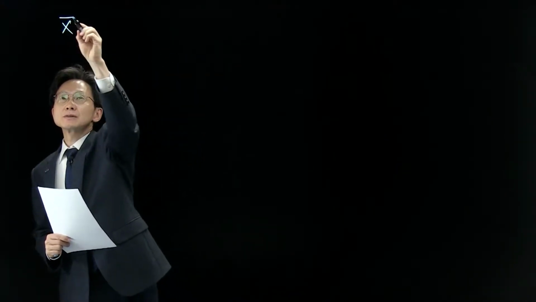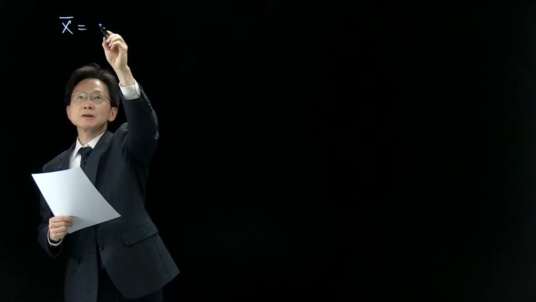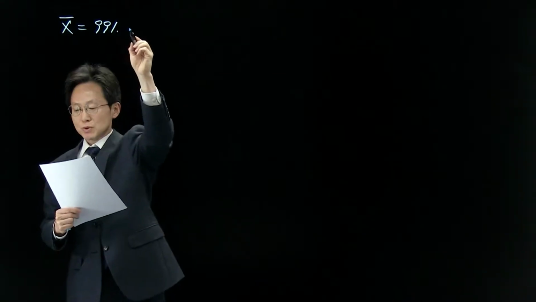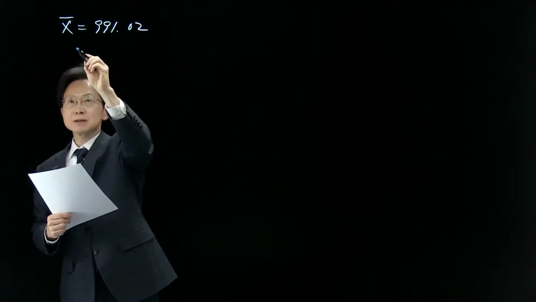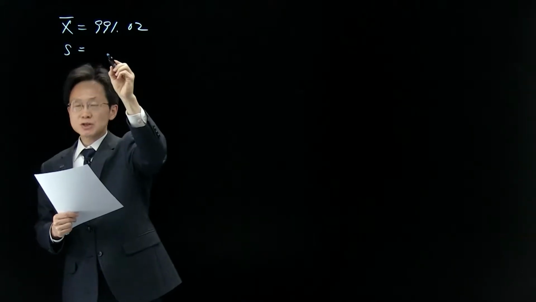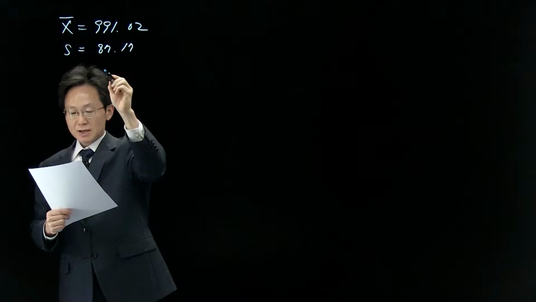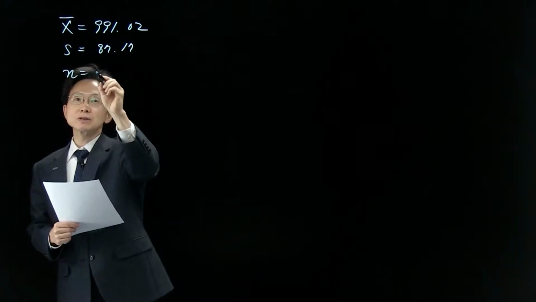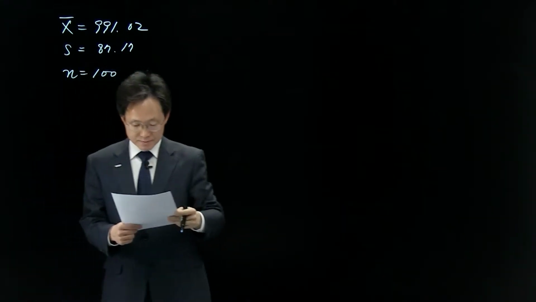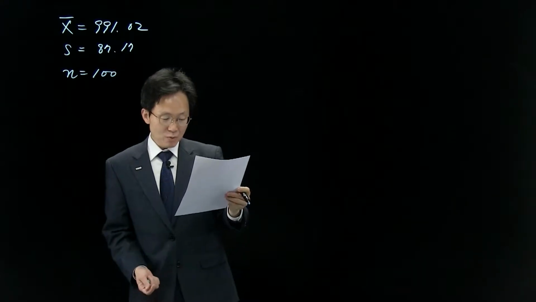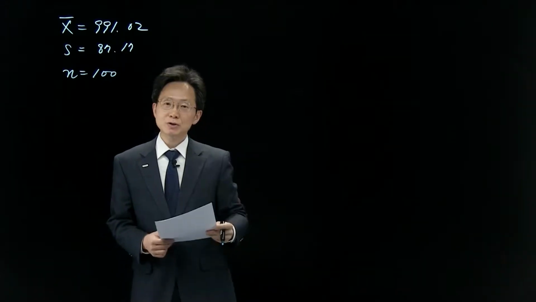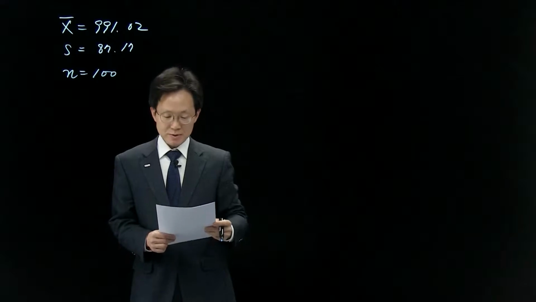We take a sample, and the sample mean was 991.02, the sample standard deviation was 87.17, and we know that n was 100. With this, we try to estimate the confidence interval.